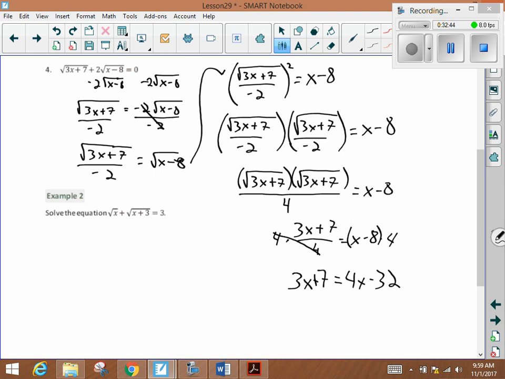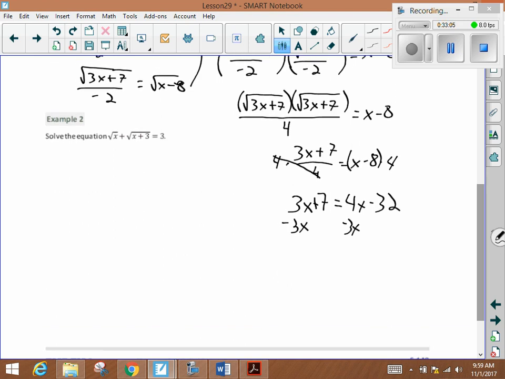And I really like to get rid of my x's first, right? And we all know why. So I'm going to subtract 3x from both sides. I'm going to bring that up so I can reach it.